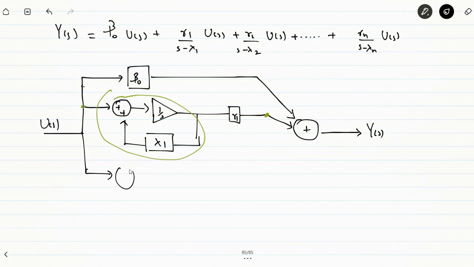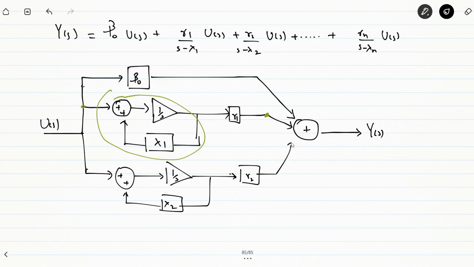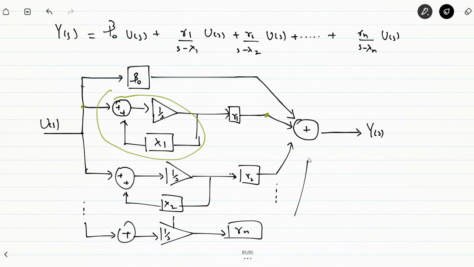Similarly, for the rest of the terms, on r n divided by s minus lambda n multiplied with u of s, you will be getting y of s equal to all these terms.